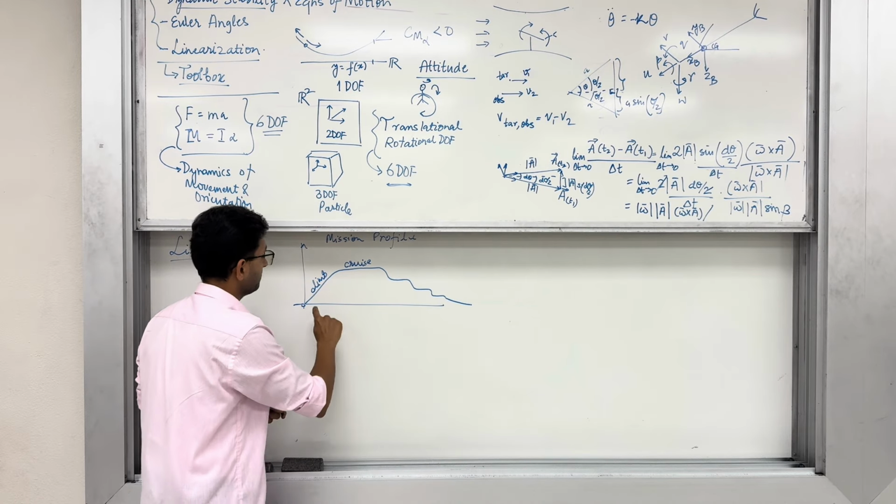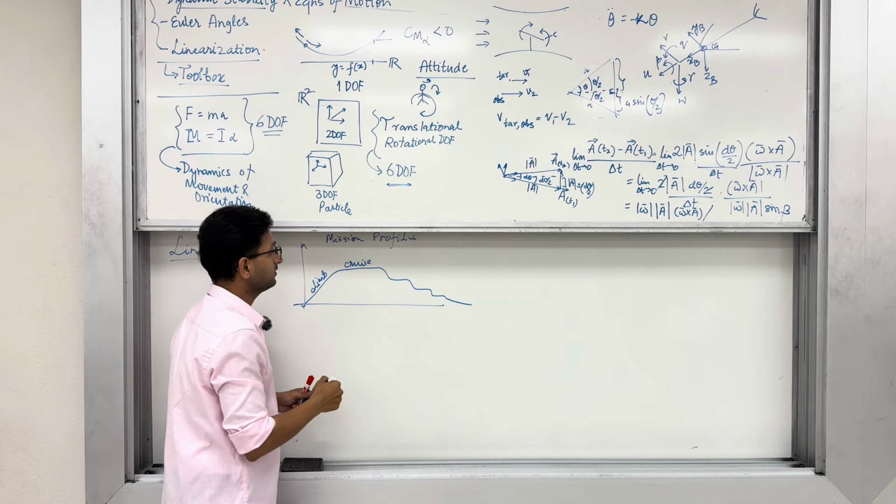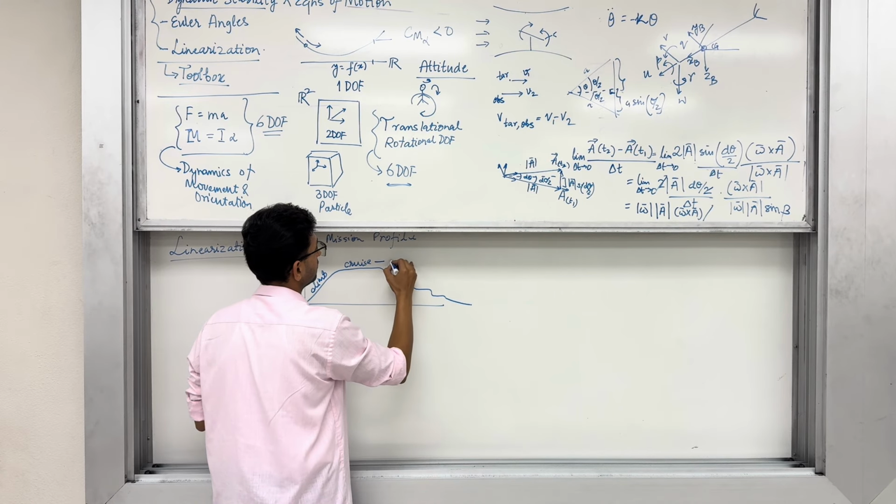So, we say that here it's non-linear and I can't make a model for the entire thing. So, I will go and study each phase, each single maneuver, and that is why we are going to linearize. Linearize as in what happens in cruise.